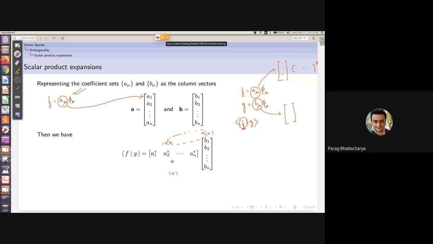That means we should get a number. And what will that number be? A1 star into B1, then A2 star into B2, and so on, up to An star into Bn, which of course we can write as a_mu star into b_mu. You could write it like this also.